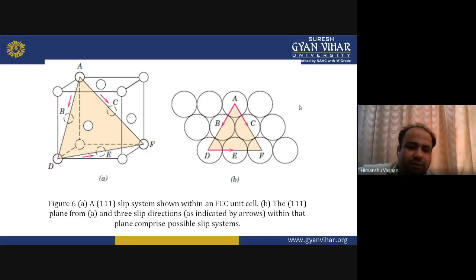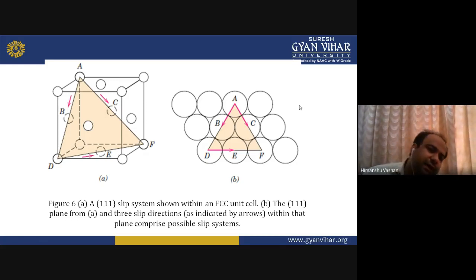The 111 plane from figure A and three slip directions, which you can see through the arrows in figure B, within that plane comprise possible slip systems. Why? Because they may have the maximum density.